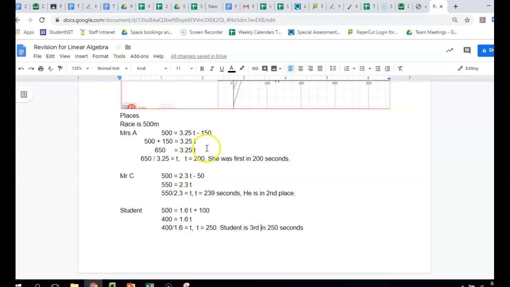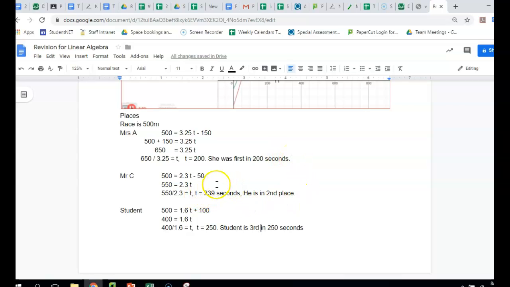Here's the equation, and my minus 150, I took it to the other side of the equals and did the opposite. I added it, and got 650. Finally, my t is still not on its own. It's times by 3.25, so undo that by dividing by 3.25. 650 divided by 3.25 gives us 200 on our calculator. So she was first in 200 seconds, and I need that sort of statement.